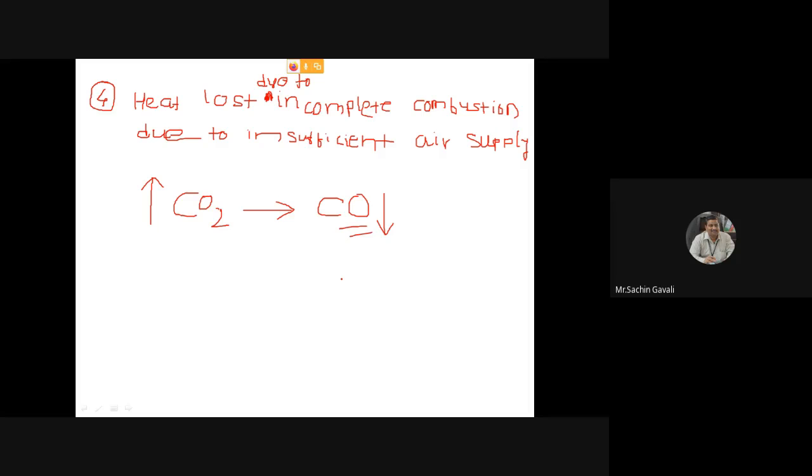Okay, write down now. Due to insufficient air supply for combustion, carbon monoxide (CO) is formed instead of CO2.